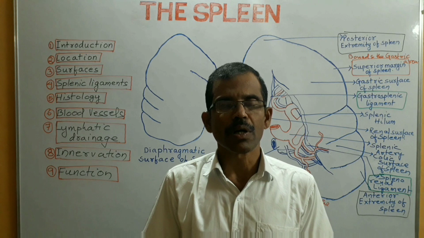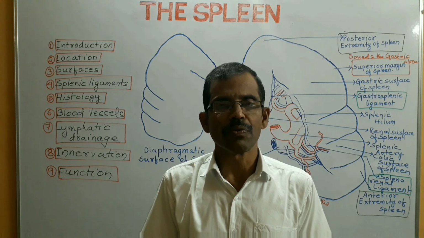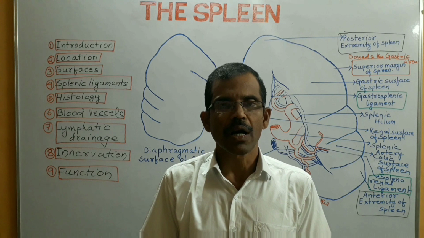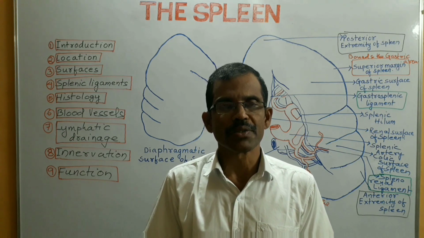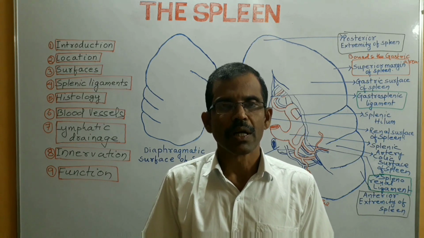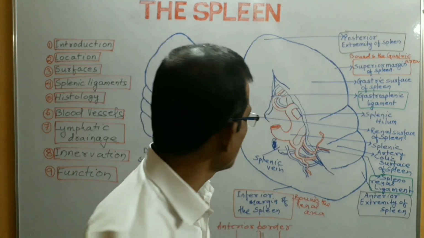The hilum is the location on the surface of the spleen where the splenic artery and splenic vein enter. The organs near the spleen leave their impressions on its surface, which together with the spleen borders can be easily observed and described. This is about the location of the spleen.